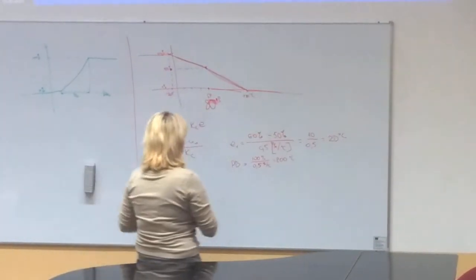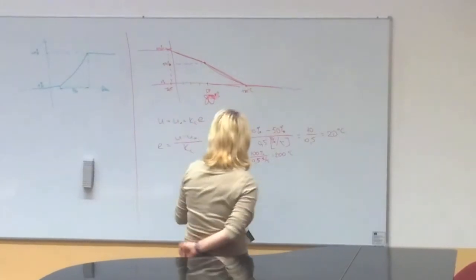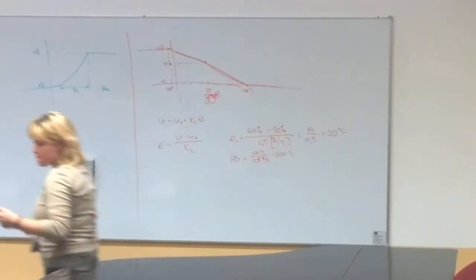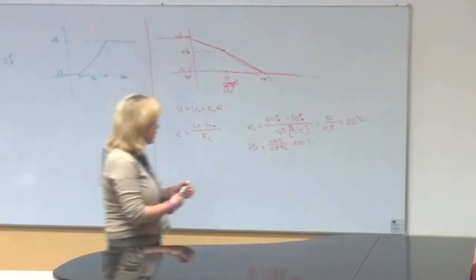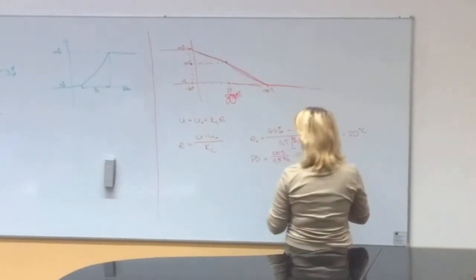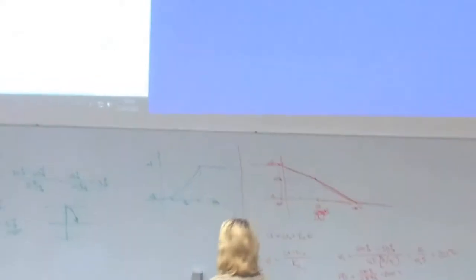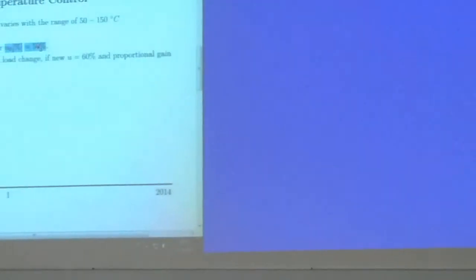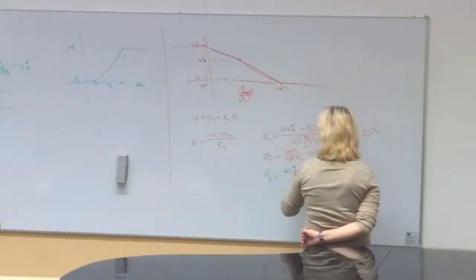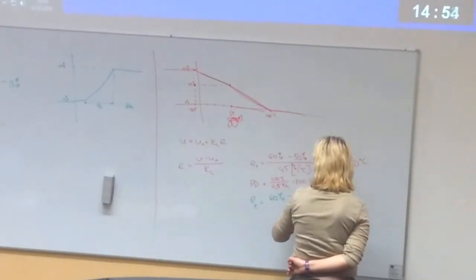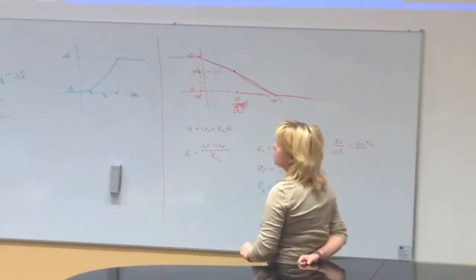So if we take a look at the second case, E2, what do we have? We have the same situation. Our output has changed by 10% only, but the gain is 1%.